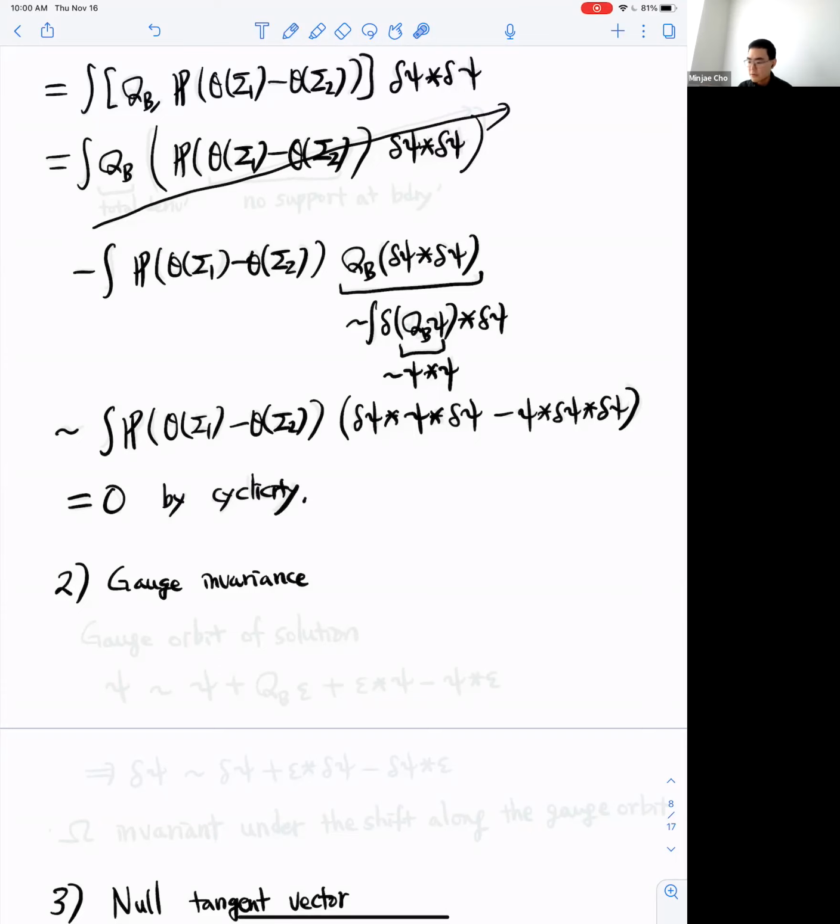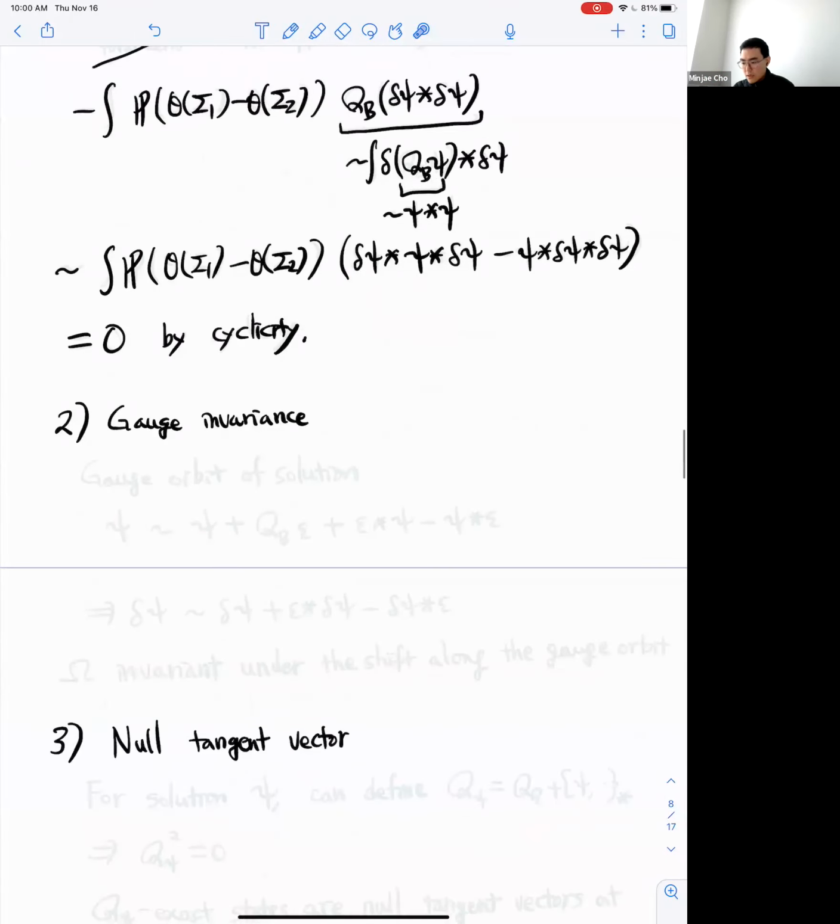By the way, I forgot to mention, delta you can think of as a form, but equivalently you can also think of it as a Grassmann odd variable. And here I'm using the convention that these are carrying Grassmann oddity, being odd.